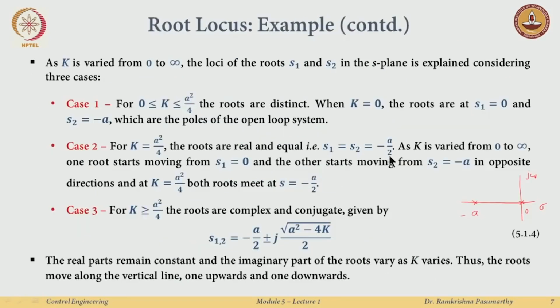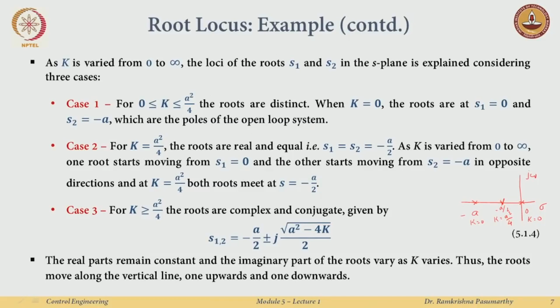Okay. For k equal to a square by 4, the square root term disappears and I have equal roots, minus a by 2, minus a by 2. So, let me just say that these are at k equal to 0, and this one is at minus a over 2, which occurs at k equal to a square over 4.